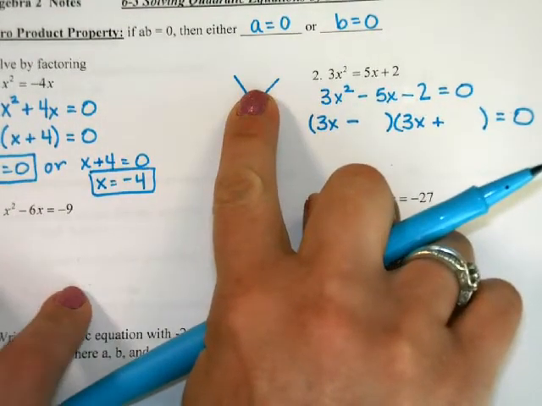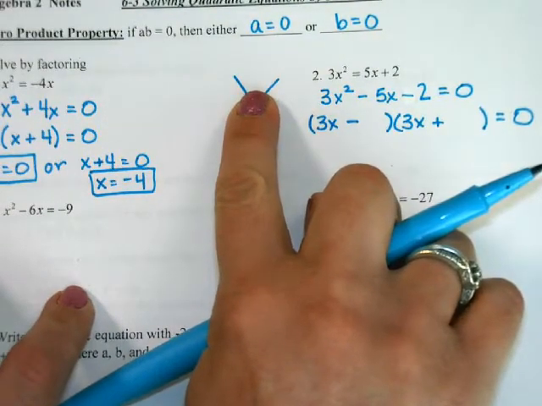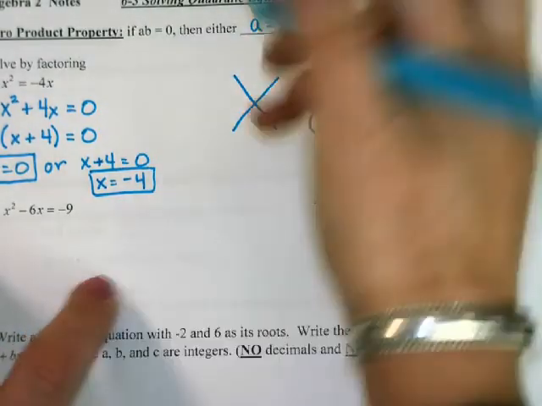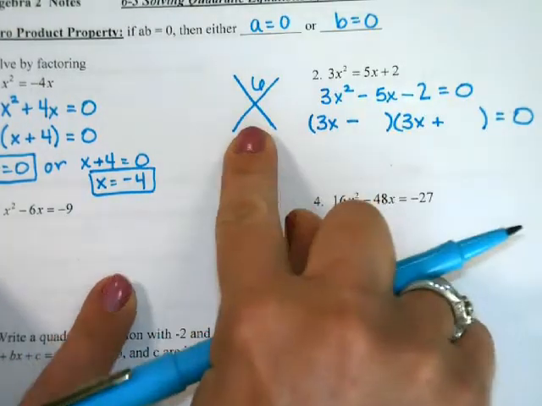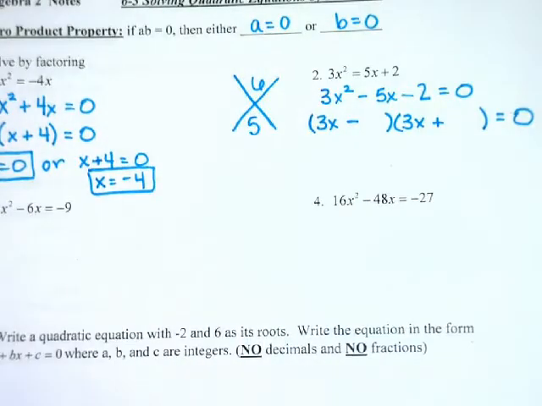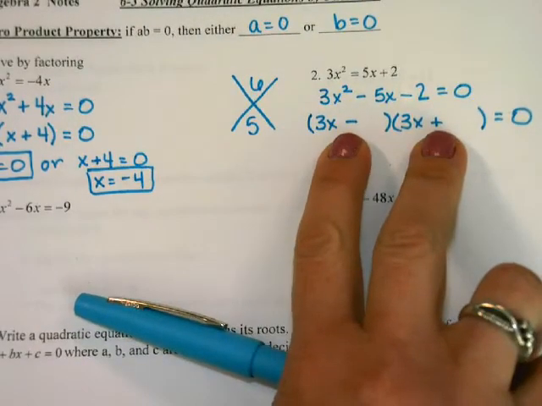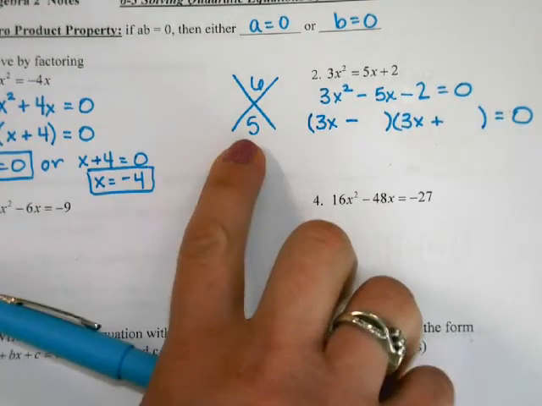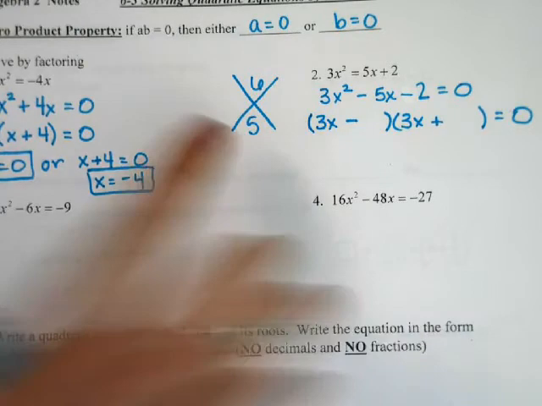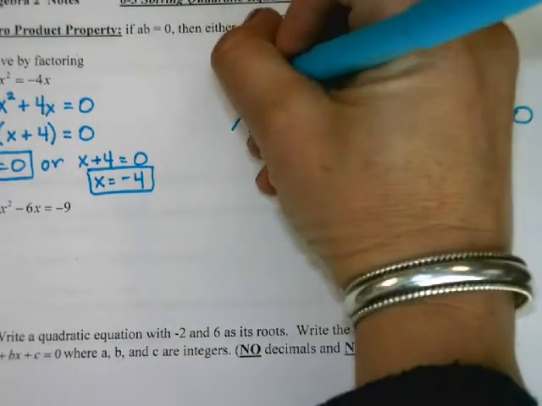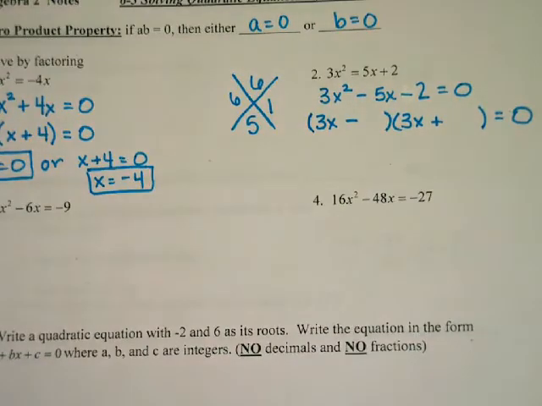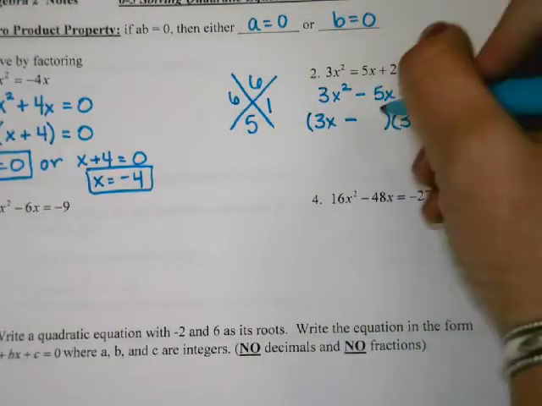What goes in the top? 6. 3 times 2 is 6. What goes in the bottom? 5. I need two numbers that multiply to 6. These signs are different, so they subtract to give you 5. Be careful. They multiply to 6. Yeah, 6 and 1, right? Be careful, 2 and 3 will subtract to give you 1. I want a negative 5, so I need a negative 6.